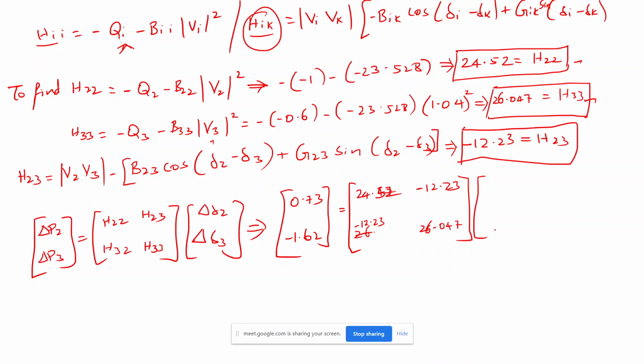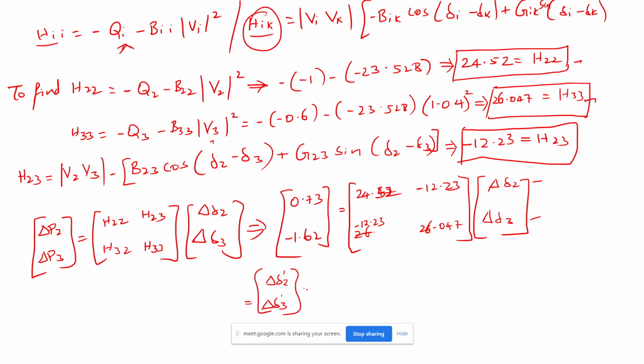And we need to find out del 2, and then this is nothing but del 3, right? So now if I want to find this value, I need to take the inverse of this and multiply with this. Am I right? I need to find the change in delta 2 and change in delta 3 for the new iteration, called 1 and 1, right?